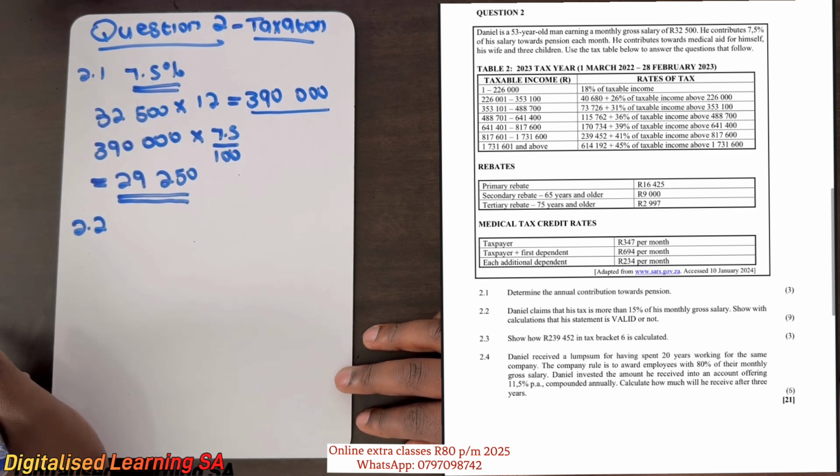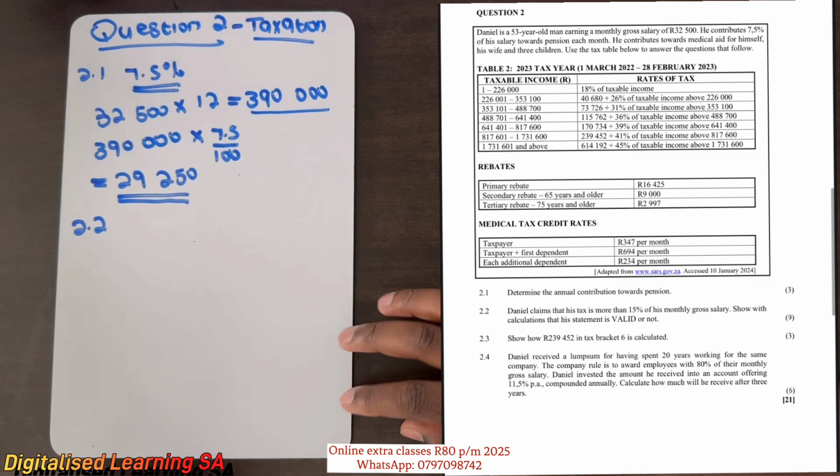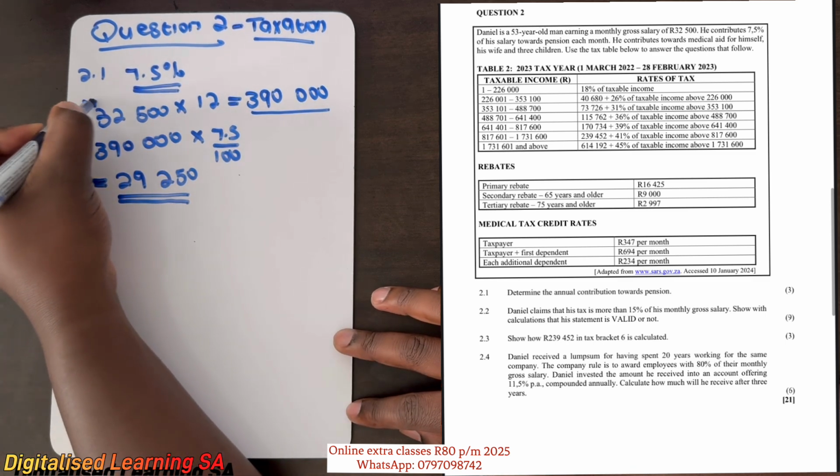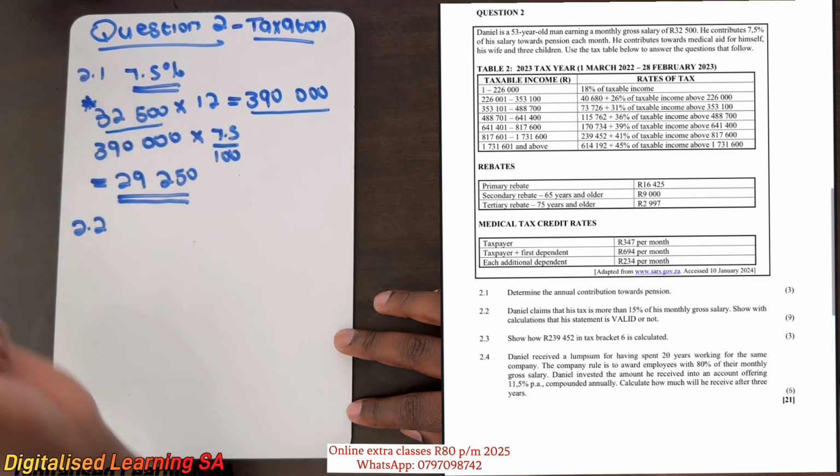Question 2.2 says that Daniel claims that his tax is more than 15% of his monthly gross salary. Show with calculations that his statement is valid or not. So he's saying that what he pays to SARS in a month is more than 15% of his gross salary, which is 32,500.